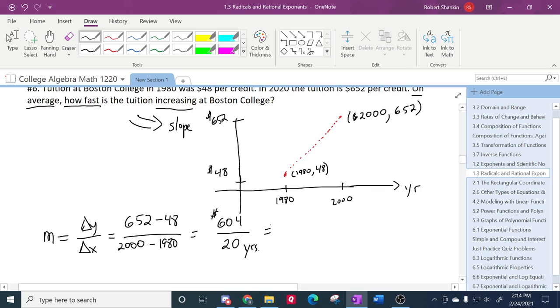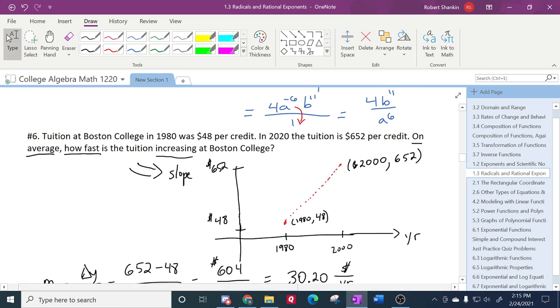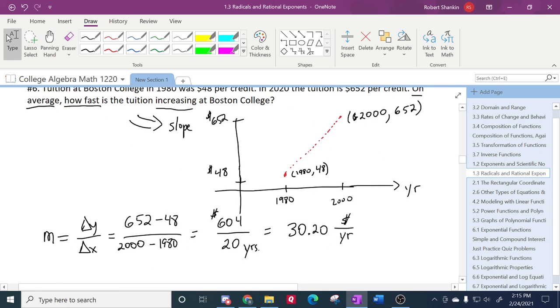And if I just punch this out in my calculator, I'm going to get $30.20 per year. That it, on average, if it had gone up $30.20 per credit hour each year, then it would have gone from there to that.